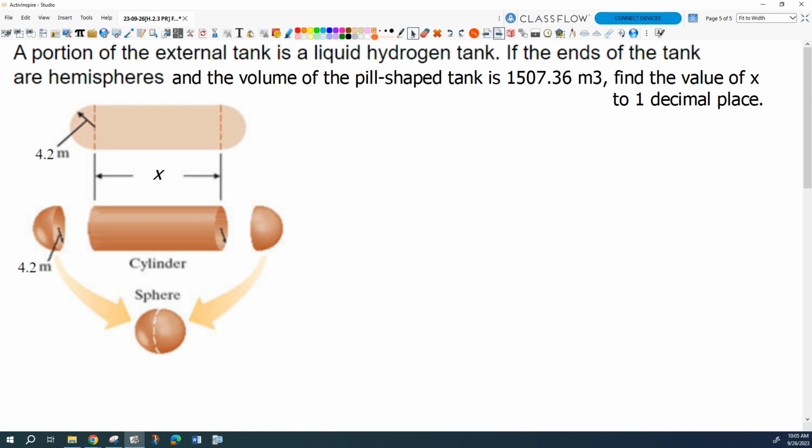So let's think about this in terms of formulas, right? Do you remember what's the volume of a sphere? That's the area of a circle, right? It is, yeah. 4/3 pi.